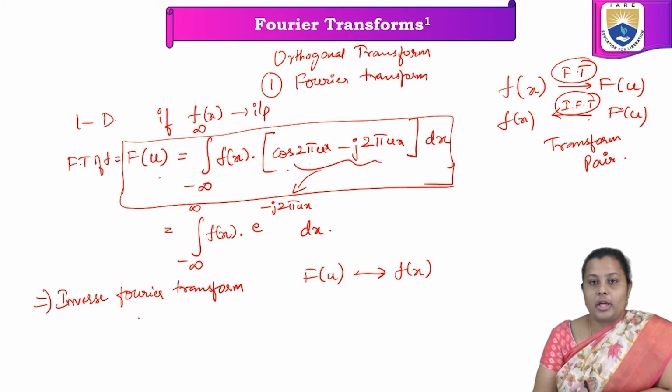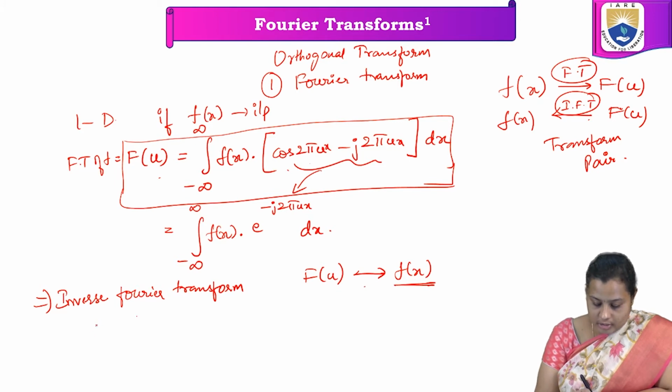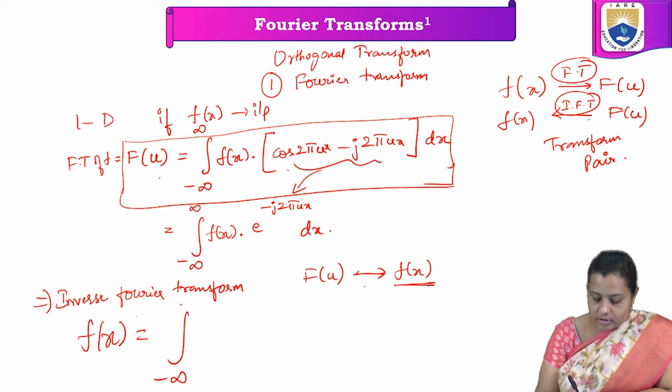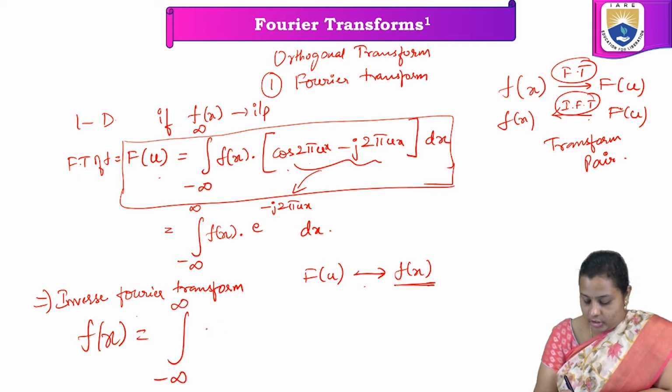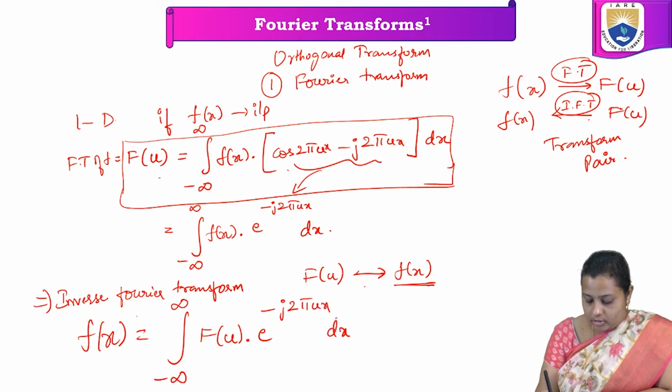If I want to get back my f of x from F of u, then I can write f of x as the integration from minus infinity to infinity of F of u into e power j 2 pi ux du.